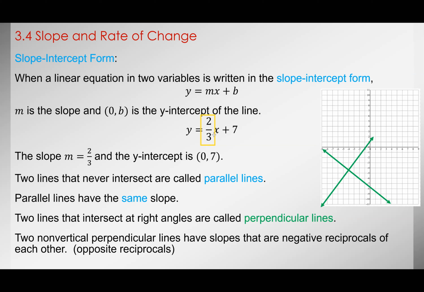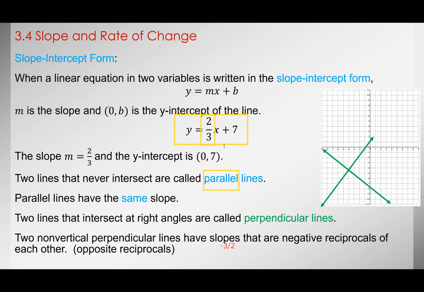In order to be parallel, it has to be exactly the same. So in order to be parallel to this line, the next line has to be 2/3 x, whatever the number, I don't care. As long as they have the same slope, they are parallel. If they have opposite reciprocal slopes, meaning in this case, in order to be perpendicular to that line, it has to be -3/2.